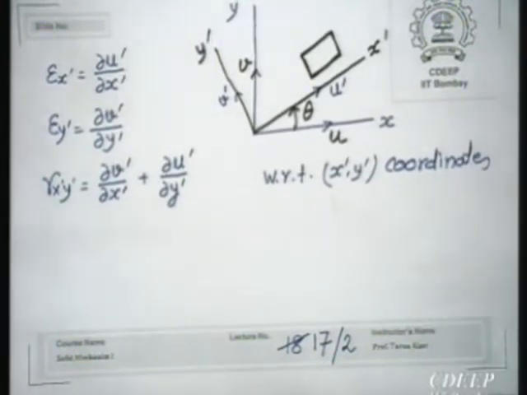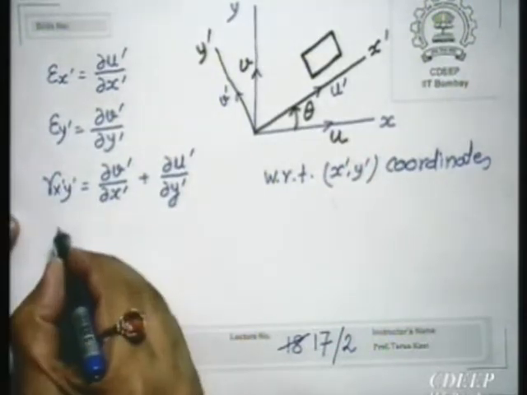But many times we would like to know the connection between these two sets of axes. That means if you know the strain with reference to one of these two axes, then find out the strains with reference to the other and vice versa. So what is this connection?